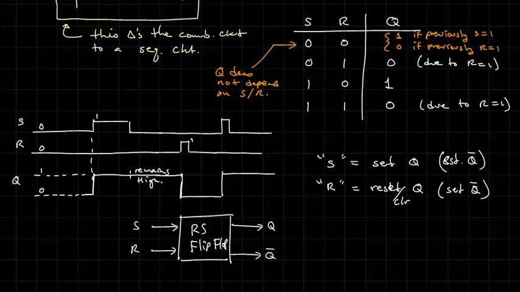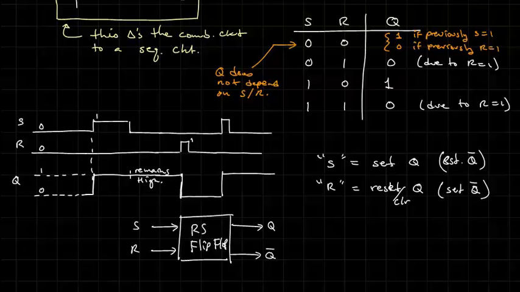But usually that has limited benefits, because when you turn both of those to low, one of them is going to go low a little bit sooner than the other one. So if you want to go to a known state, it's better just to either set the S input high or set the R input high and get the output to a known state. And then you typically don't want both inputs to be high.